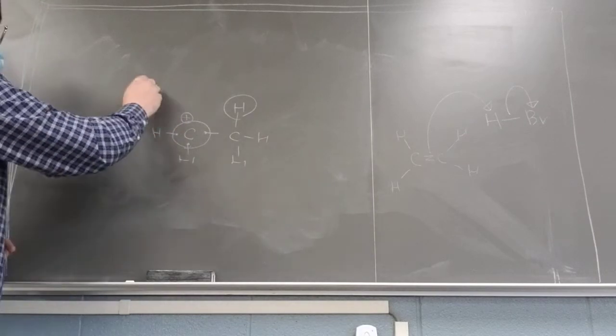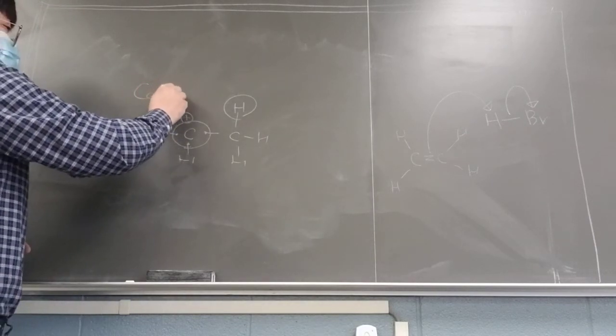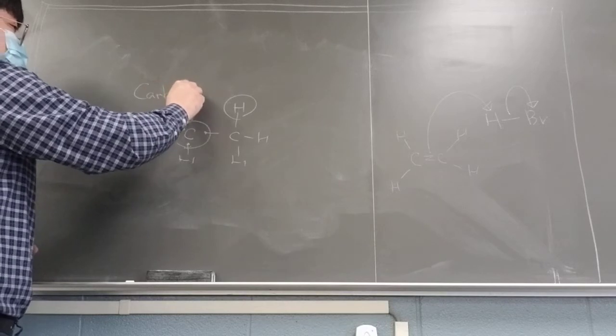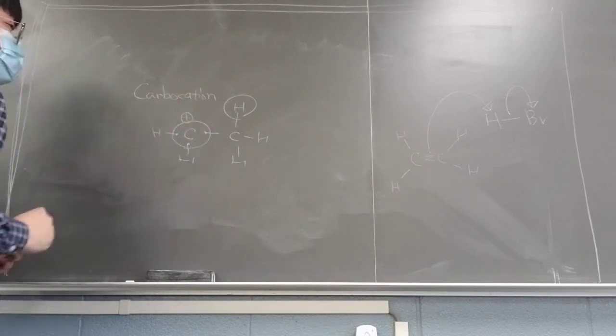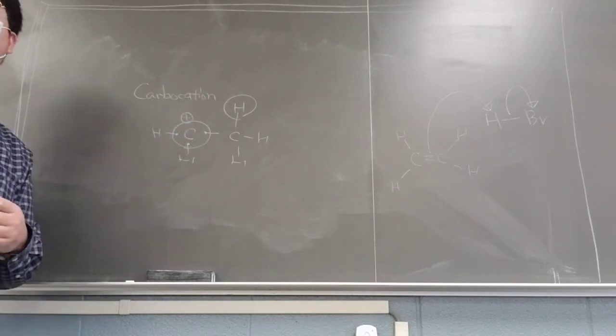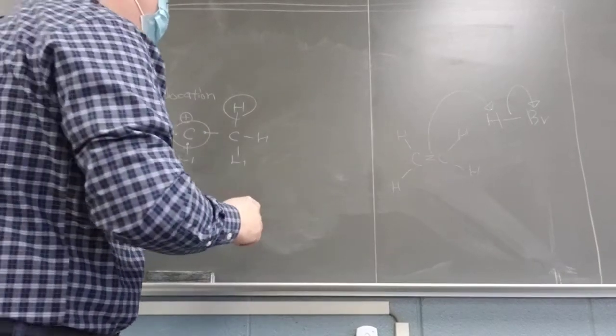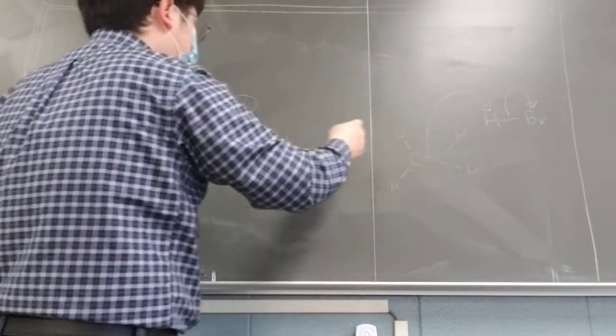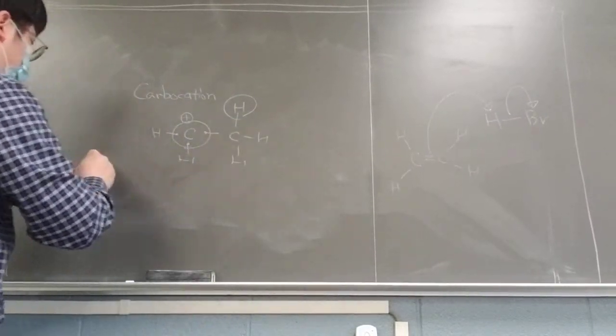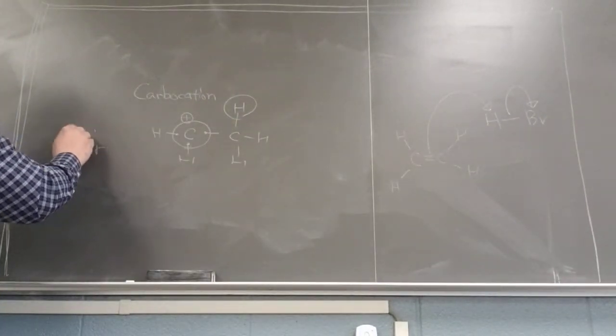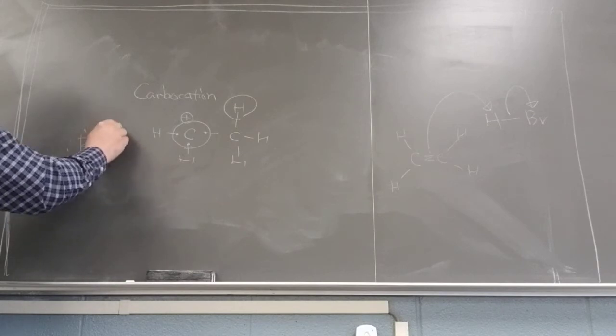We call this a carbocation. It's like a carbon and a cation, so carbocation. Okay. And then the next part is that bromine is negatively charged.